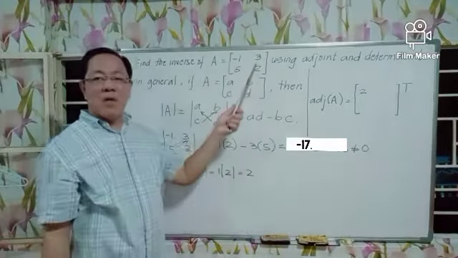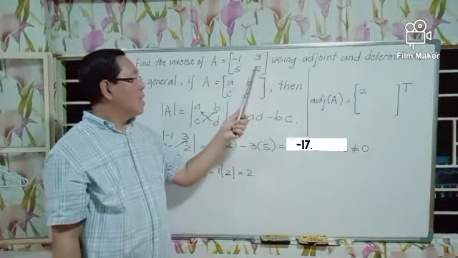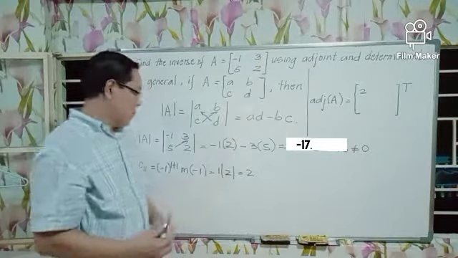Next, we get the cofactor of 3. 3 is the entry in the first row and second column, so the cofactor of 3 is denoted by C sub 1, 2.